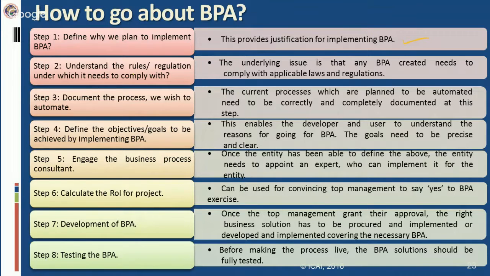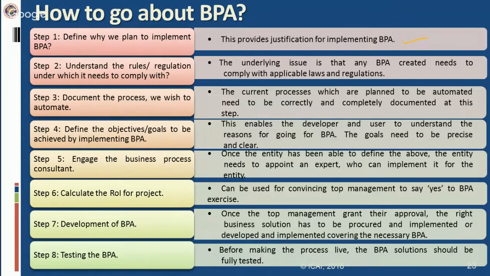Then comes understanding the rules and regulations with which it needs to comply; any BPA created needs to comply with applicable laws and regulations. Step 3 is to document the process we wish to automate. The current processes planned to be automated need to be correctly and completely documented at this step. Then only can the automation be done.